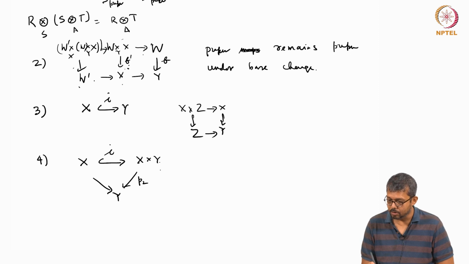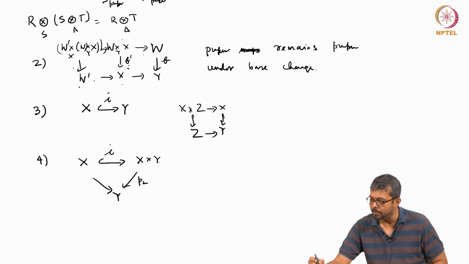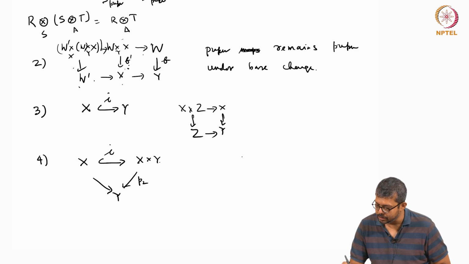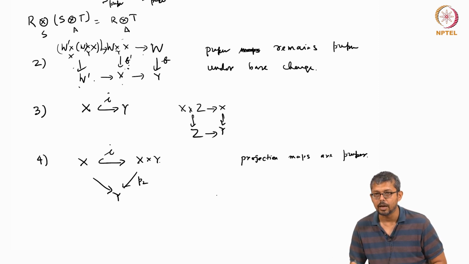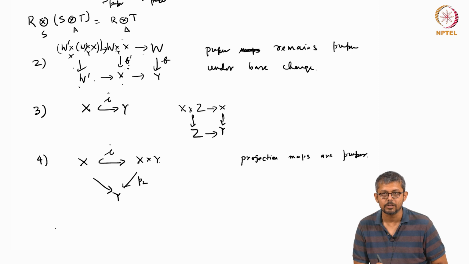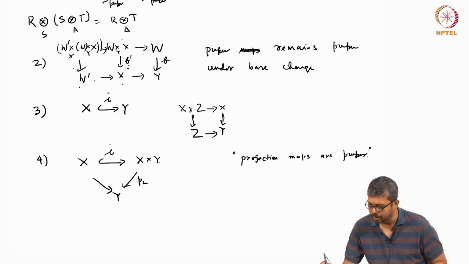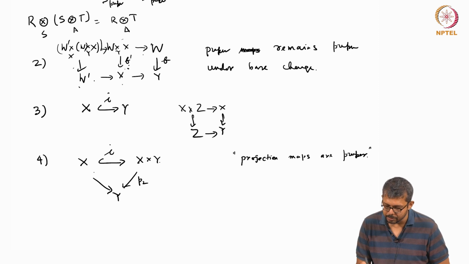So, first of all, the second will imply the projection maps are proper. If you take any projection map x cross y to y, this takes closed subset to closed subset. This is an example of a proper map.